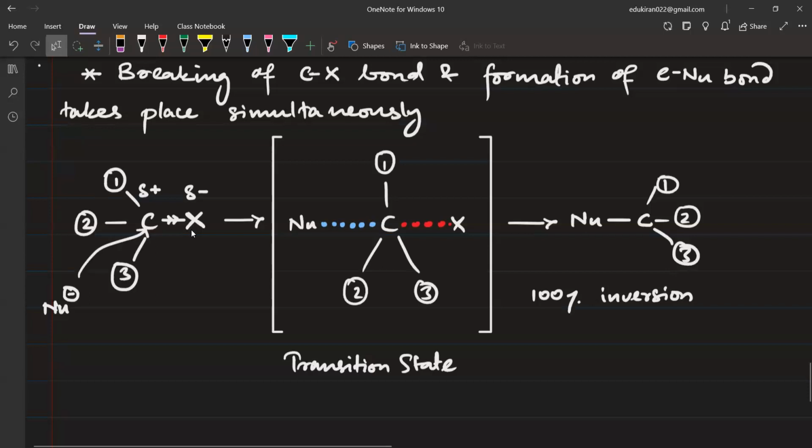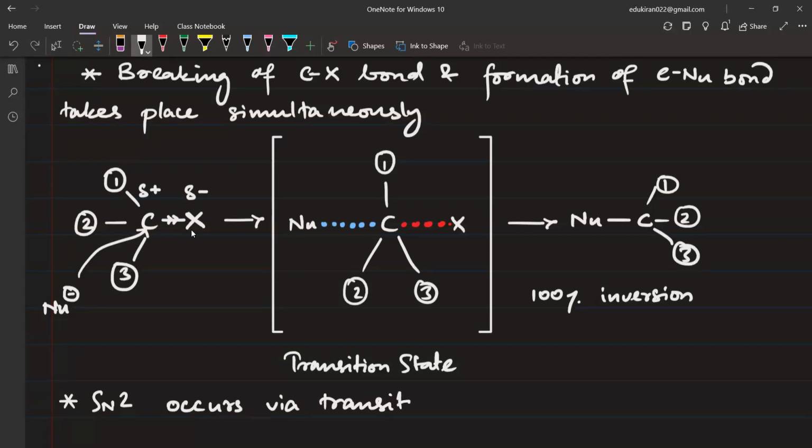So write 2 more points. First is SN2 occurs via transition state.